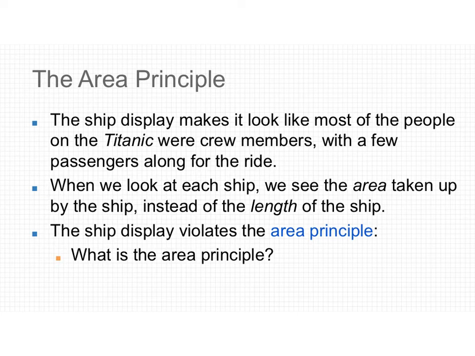The ship display makes it look like most of the people on the Titanic were crew members, with only a few. What really is important to us is that the human eye looks at the area that is taken up, not necessarily the length of the ship. So the ship display violates the area principle. In your readings, you should be able to find this answer and then answer down below in the discussion.